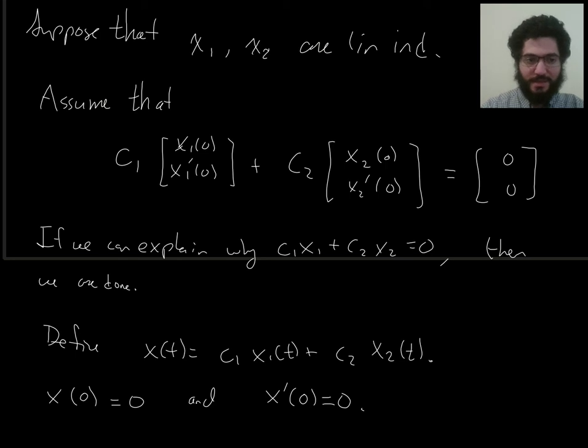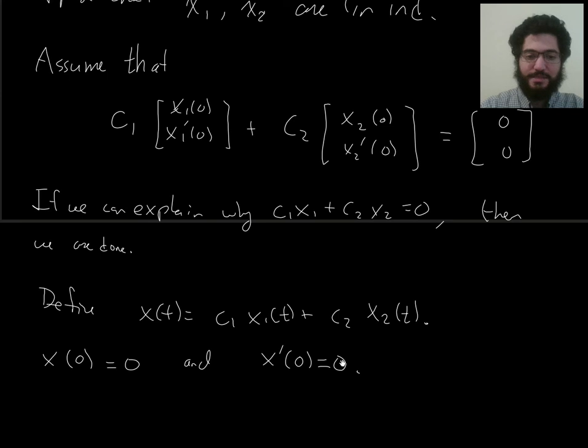Okay, now is that sufficient to conclude that x itself must be 0? That's the goal, right? Prove that this thing is 0 so that we can get C1 and C2 to be 0. Are these two sufficient to prove that x itself is 0? Definitely not. This does not prove x is 0.